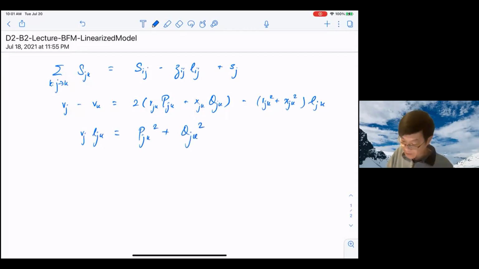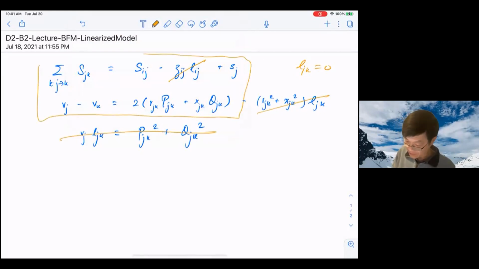In the linearized version, all we do is set l_jk to 0. So this term disappears, and we don't have this. That's the linear model, right? So the linear model becomes just this without this.